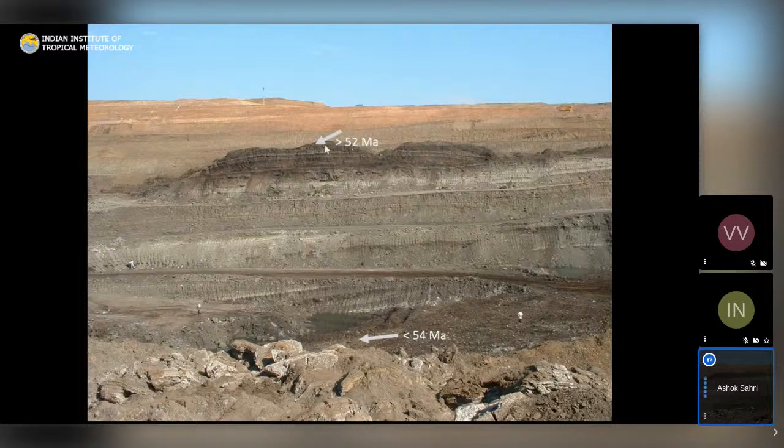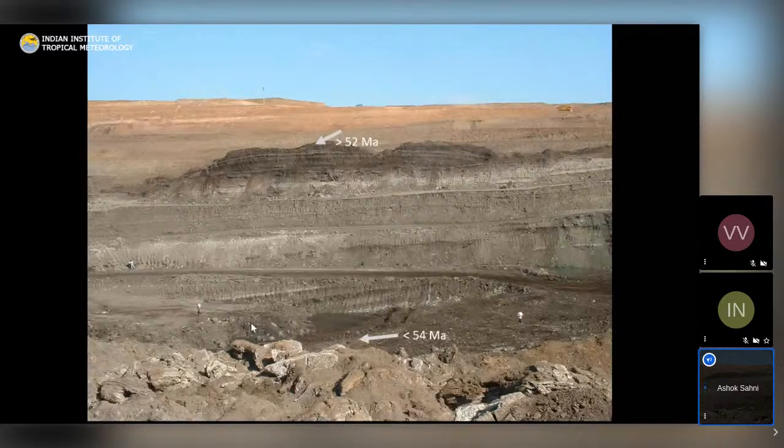And the biota that we have recovered from mines such as this has completely changed our concept and given us new light. It's opened up a new dimension about the animals and plants that were living in India when India was dashing off, drifting towards Asia. So this is the next set of data. The first was at 65, the second is at 54.